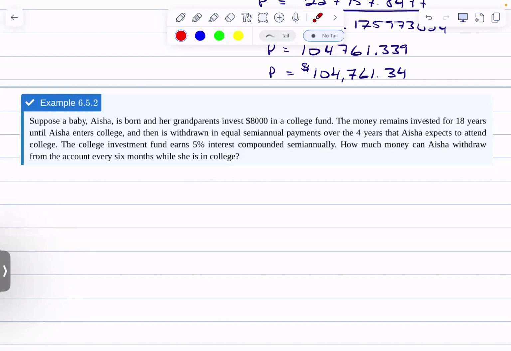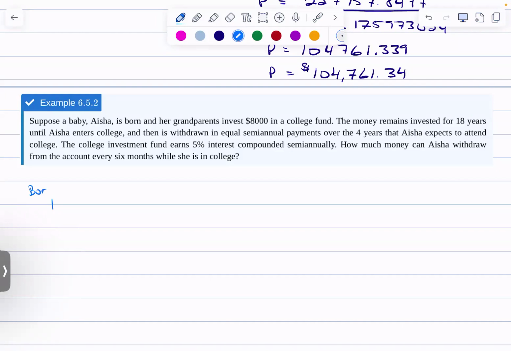So then that accumulated amount turns into the principal amount for these regular payments, and we're going to portion them out over these semi-annual payments over the next 4 years. I do find it helpful to draw this timeline, so I will.